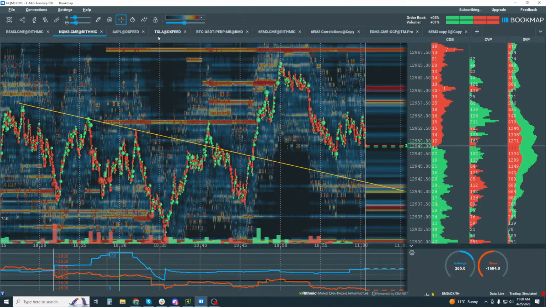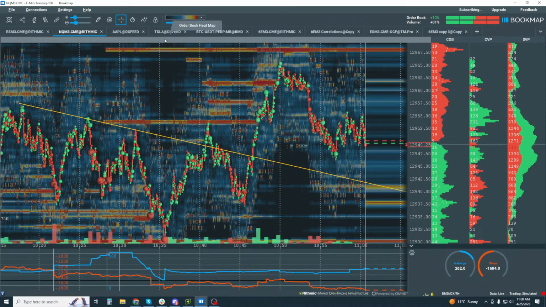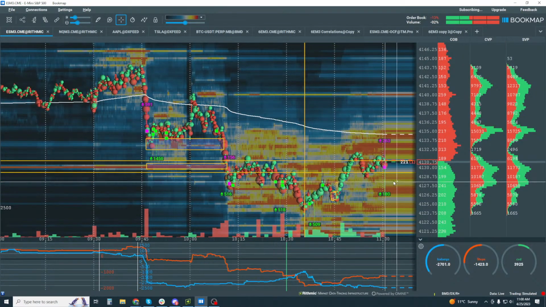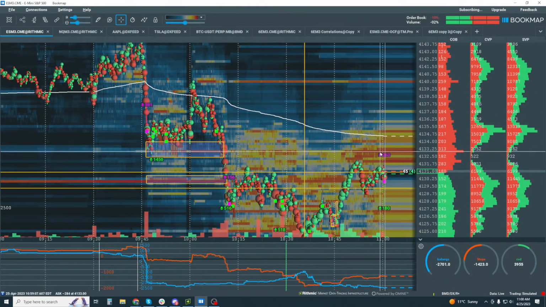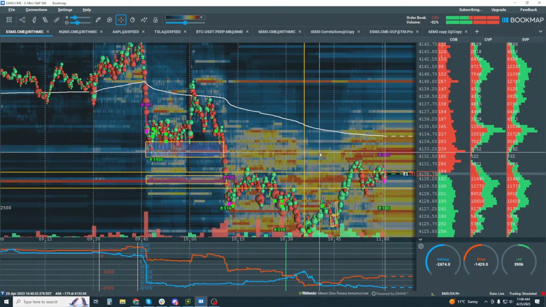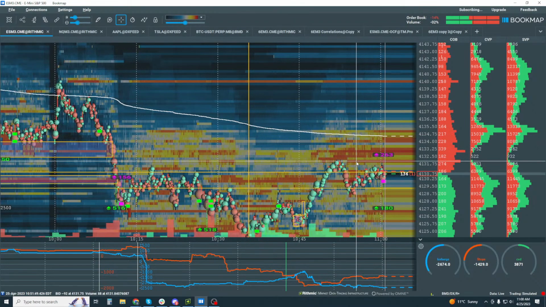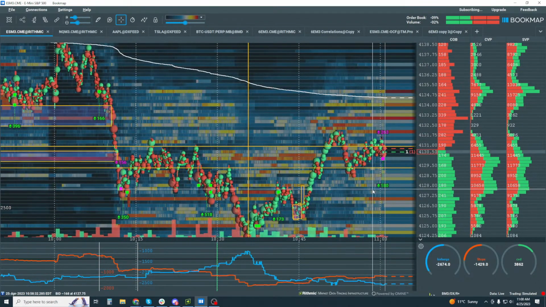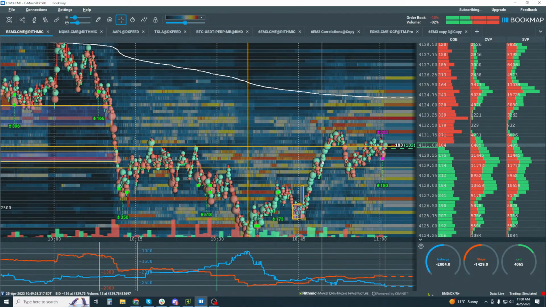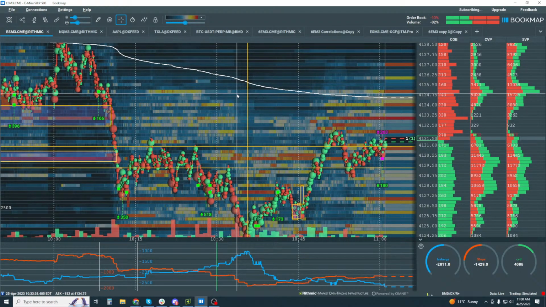So let's jump over and talk about price action now. We didn't get up to our 34 yet, but still looking and waiting for that. All right, price action. Let's start with a candlestick chart.